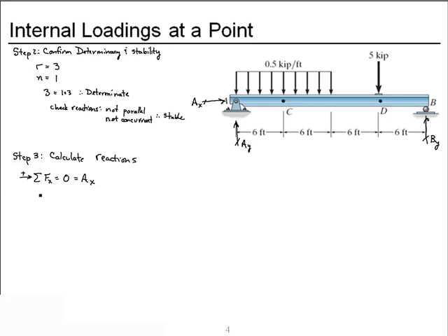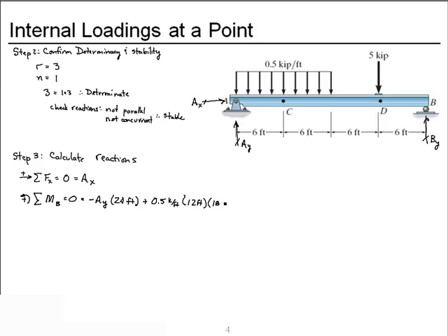Now let's sum moments about point B. We'll choose counterclockwise as positive. We get a contribution from AY that's in the opposite direction through 24 feet. The distributed load acting over 12 feet, which is the total force.